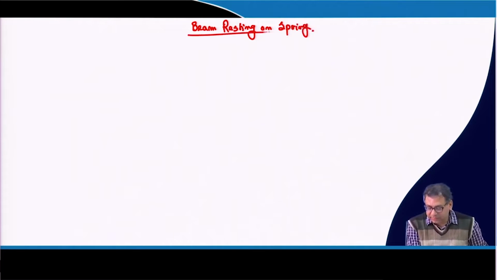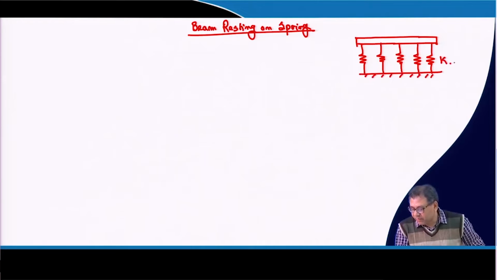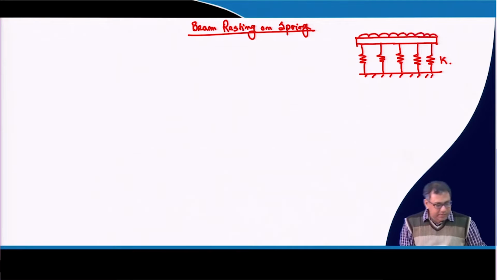That means this is a beam which is resting on springs, whose subgrade modulus is K, and the beam is subjected to UDL q.